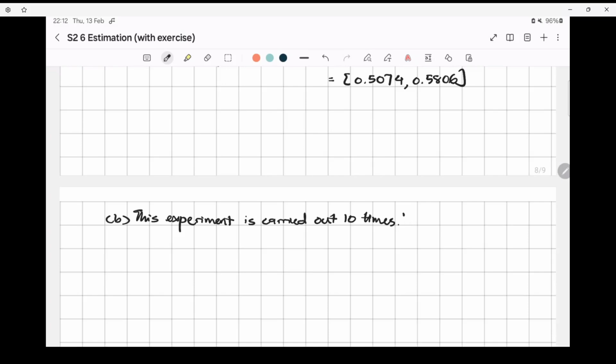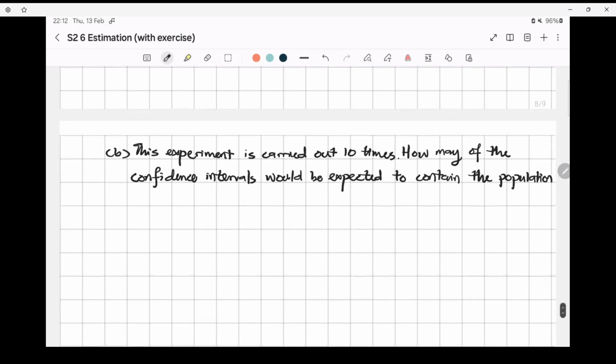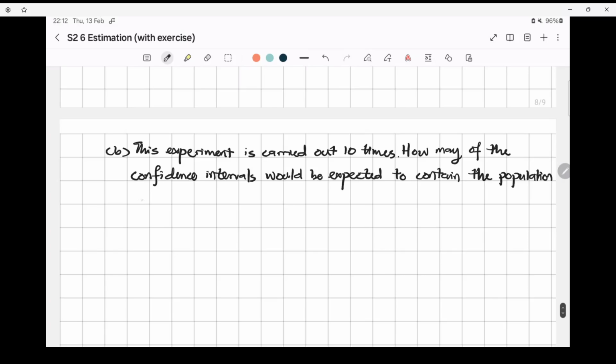So how many of the confidence intervals would be expected to contain the population proportion of obtaining a tail?